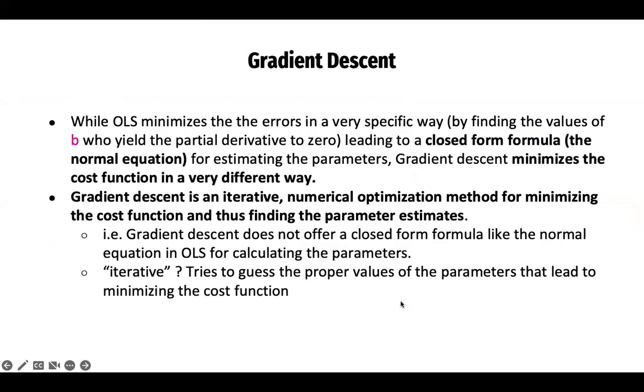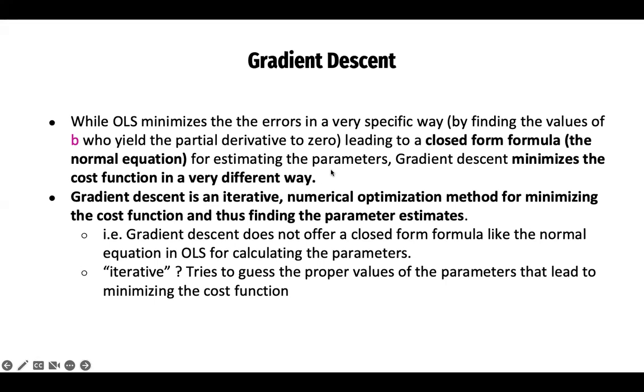While ordinary least squares minimizes the errors in a very specific way, by finding the values of beta that yield a partial derivative of 0, leading to a closed form formula, or the normal equation, for estimating the parameters, the one that has a matrix inversion as you have seen, gradient descent minimizes the cost function in a very different way.